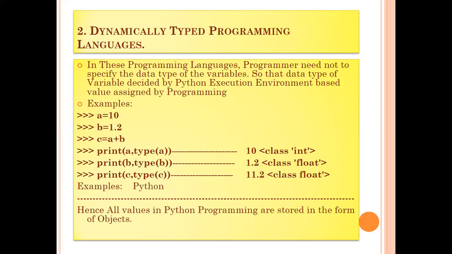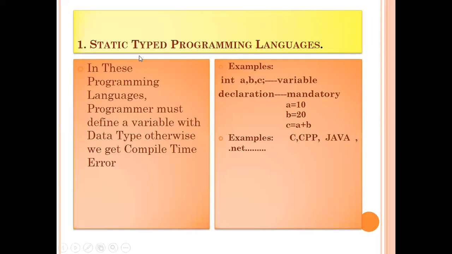But in a statically typed language, it is necessary to define a variable, otherwise we'll get a compile error. We need to write int ABC, otherwise if we don't mention this, we'll get an error.